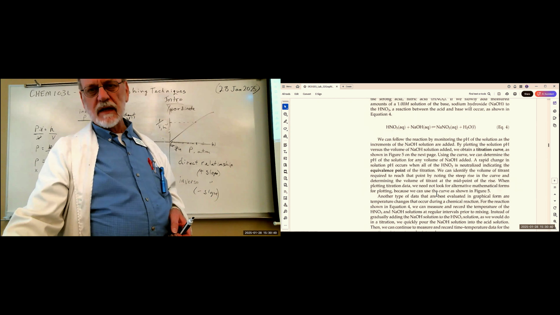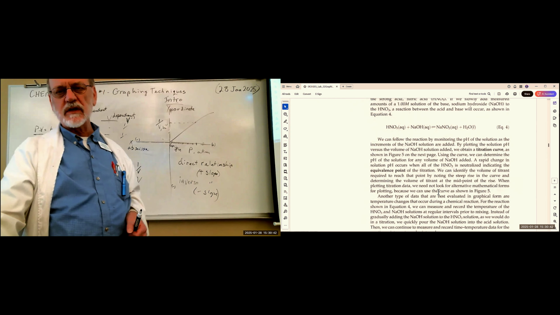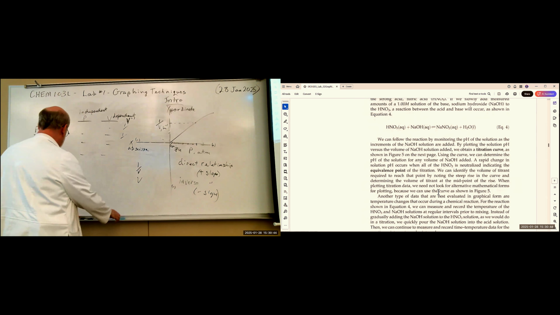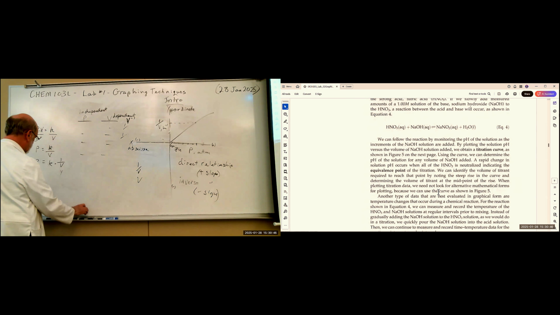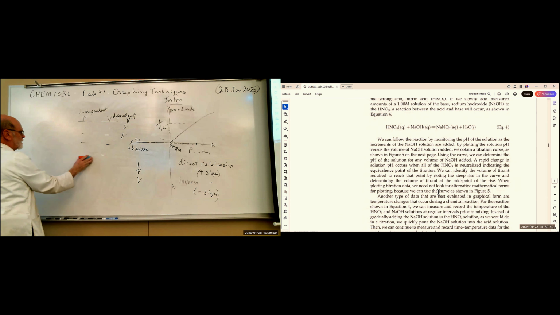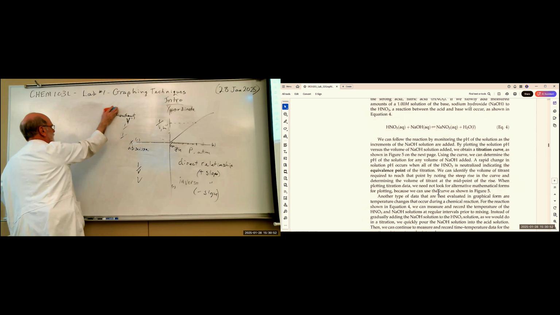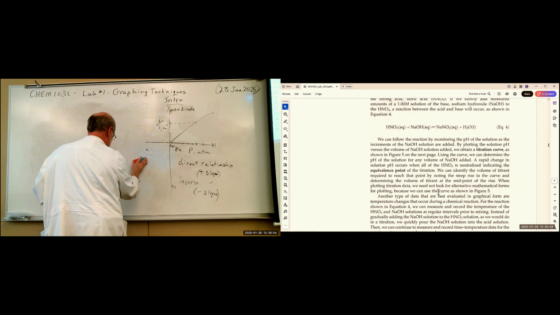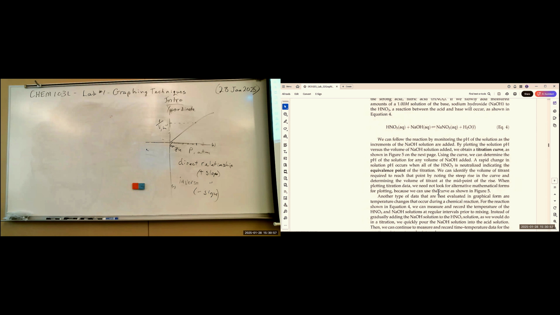Titration curve is part of that extra credit business. I don't think we're going to do any titrations in our labs. Oh, yeah, we are. Lab exercise 6 is a titration.